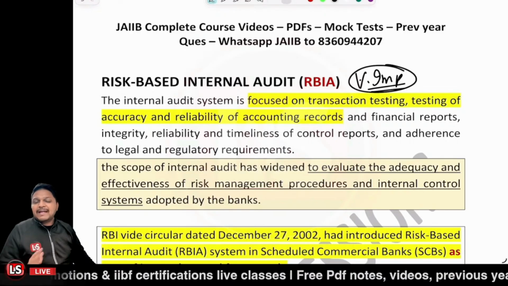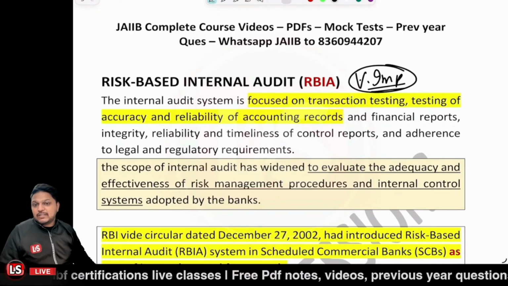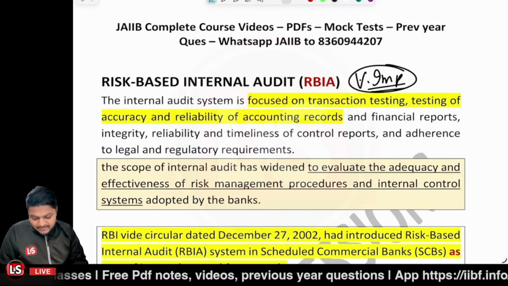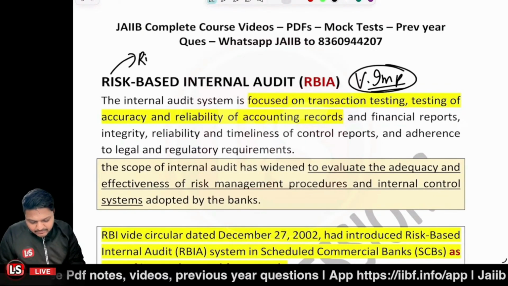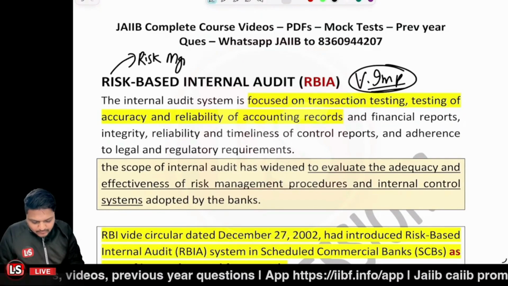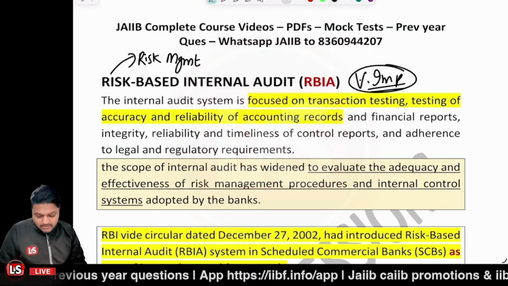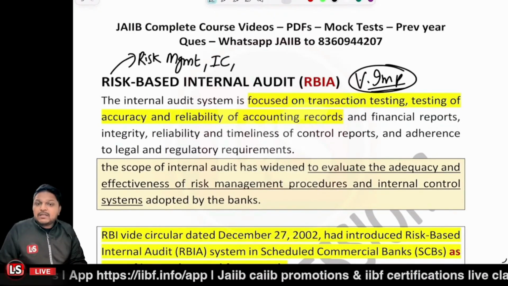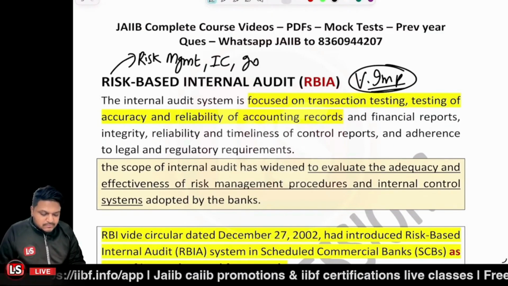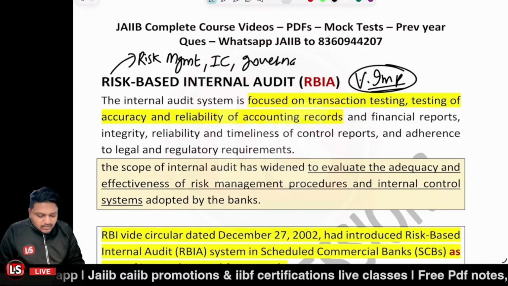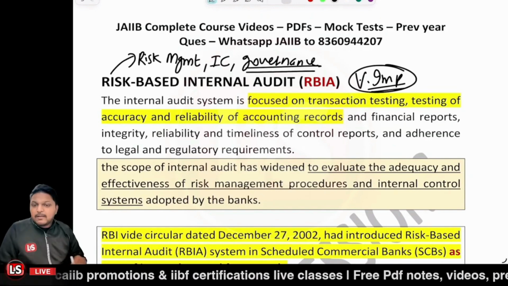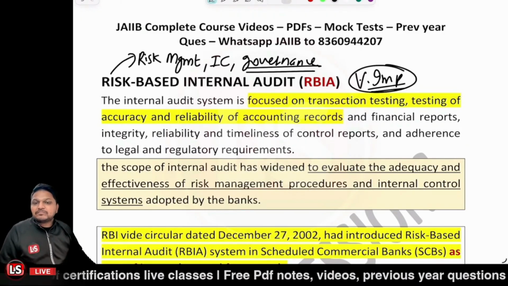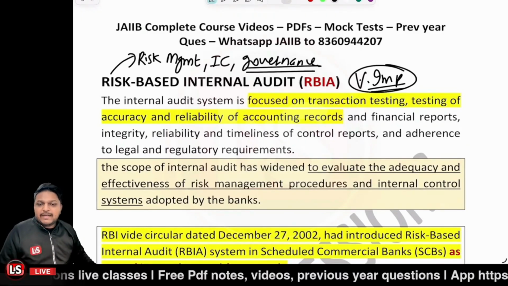Under that, the guidelines related to the RBIA were given. So the main objective of RBIA is related to risk management, internal control, which is ICs, and governance of the processes. These three are the main objectives of it, right? Clear with it? Now let's move ahead.